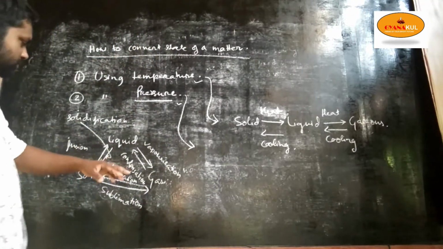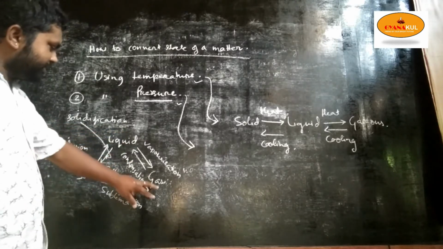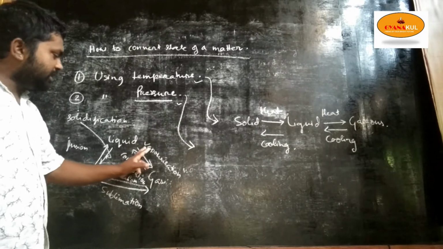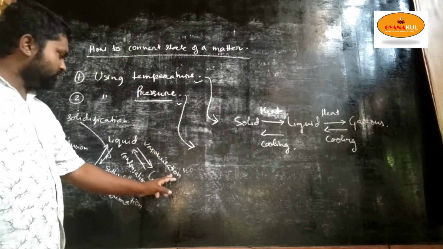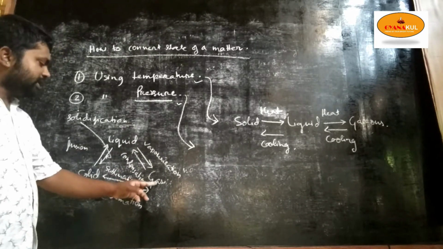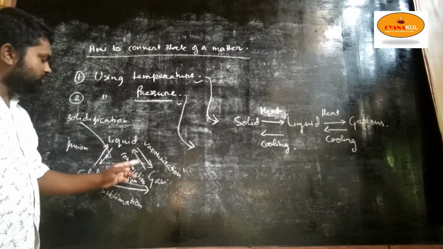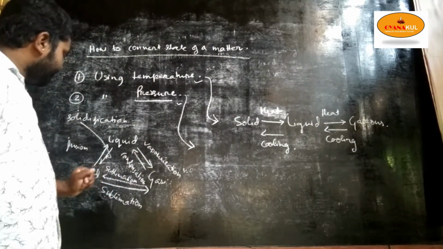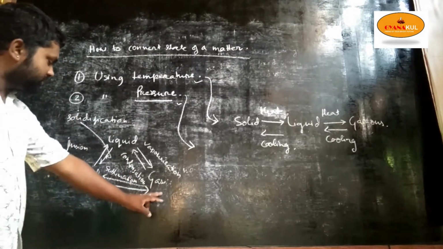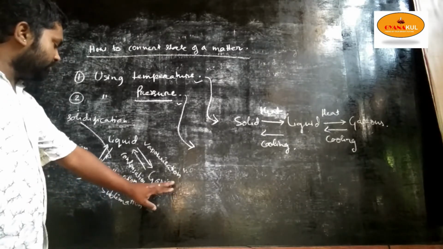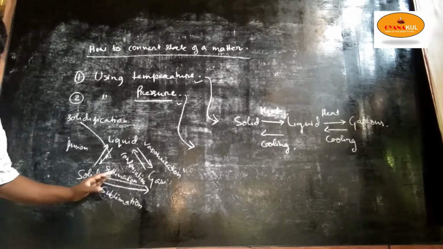Liquid to gas is converted by vaporization. Gaseous to liquid is called condensation. If you convert from solid to gaseous, the process name is sublimation, and gaseous directly to solid is also sublimation.